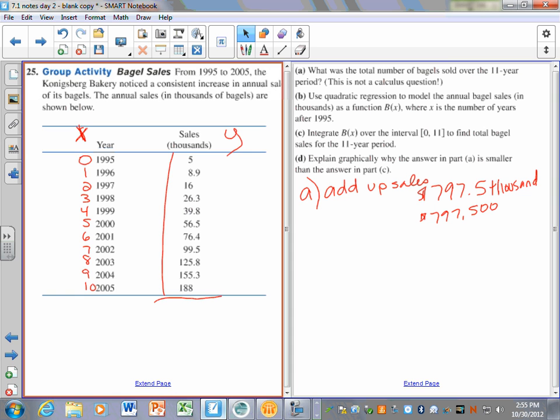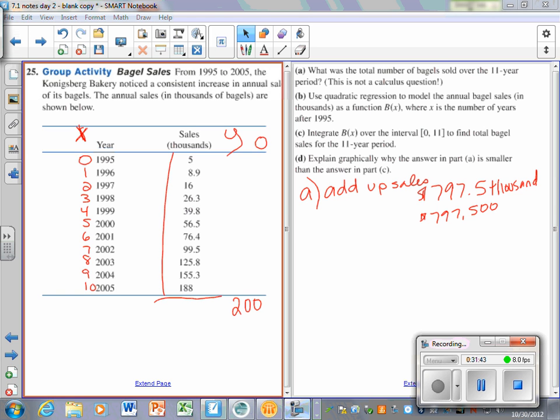So I think that would be a good window. My Y axis is going from 5 to 188. You can make it go from 5 to 188, but I say pick some numbers that are included in there. So maybe we can make our Y-axis go from 0 to 200, right? You want to make sure your values are in your window.